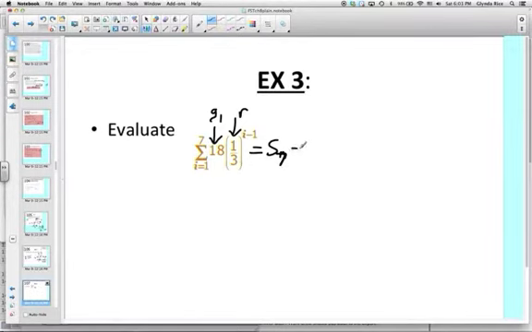7 terms of a series, 7th partial series, 7th partial sum. You do 7 over 2. Oh, hello, wrong formula. Went back to arithmetic.